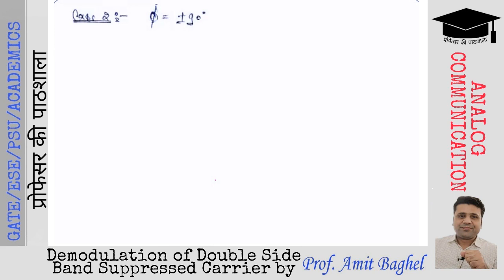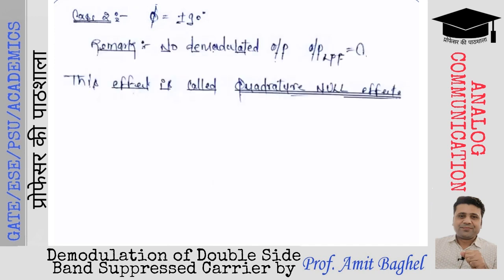That means you are not going to get any output at the low pass filter. When the phase error is 90 degree, the output is null. Therefore, this effect is called the quadrature null effect. This says there is no demodulated output at the low pass filter. Output of the low pass filter is 0 when phase error phi is plus or minus 90 degree.